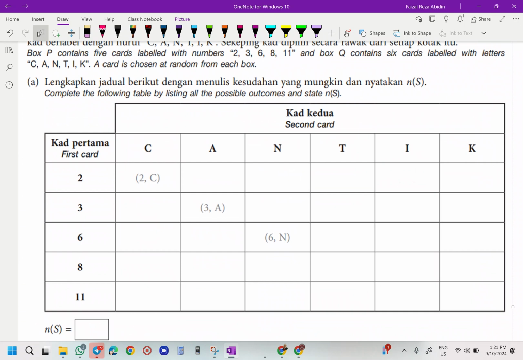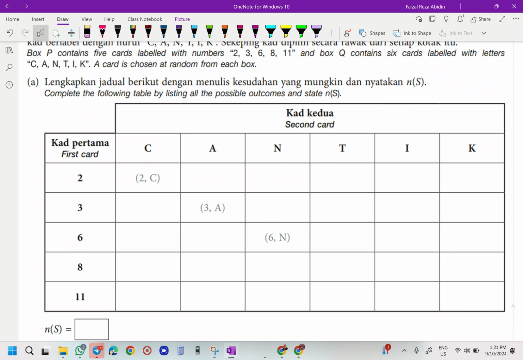The first card is going to be at your first row, and you are going to have your box Q, which contains 6 cards labeled with letters CANTIK. A card is chosen at random from each box.